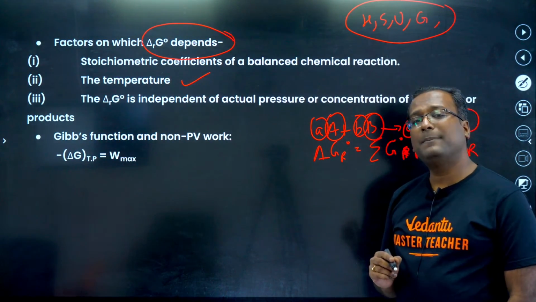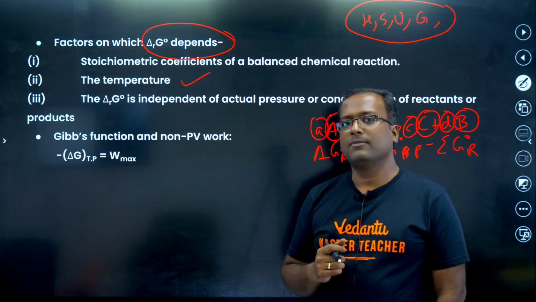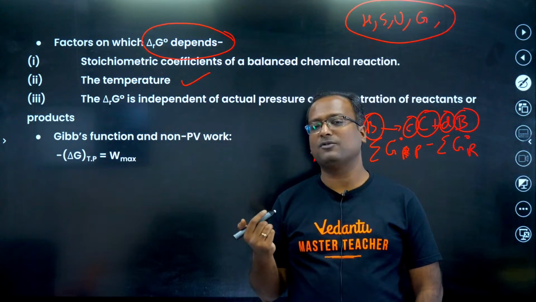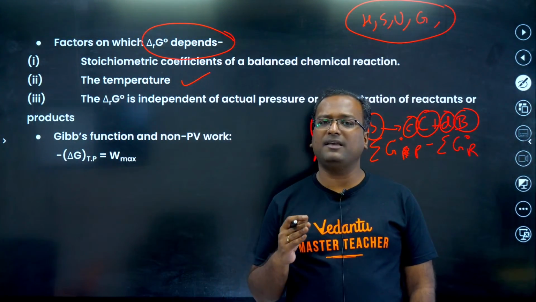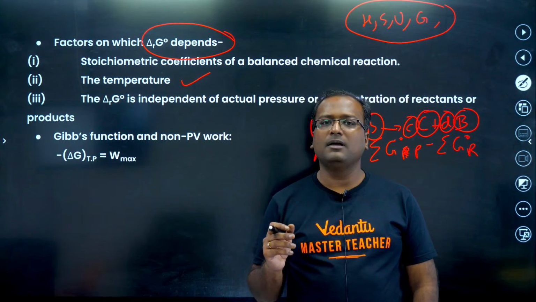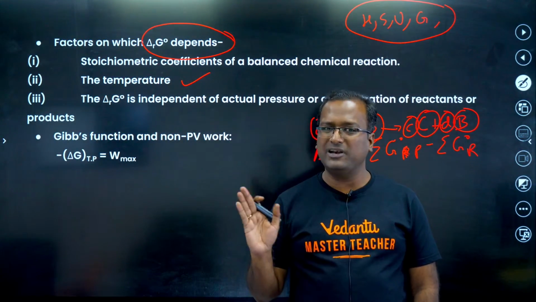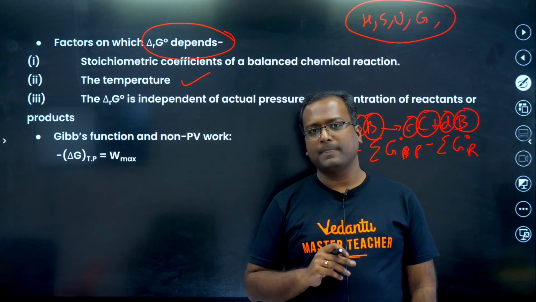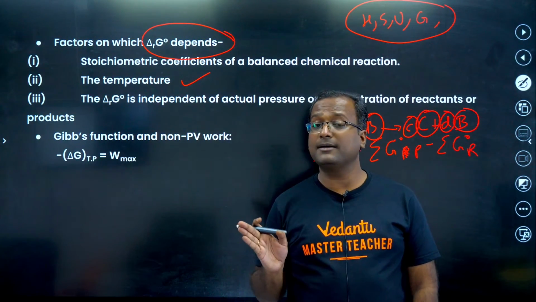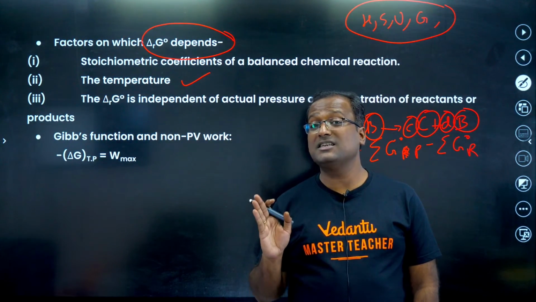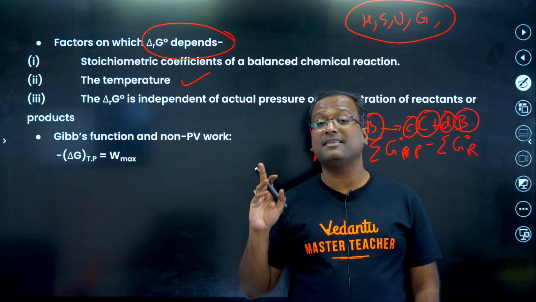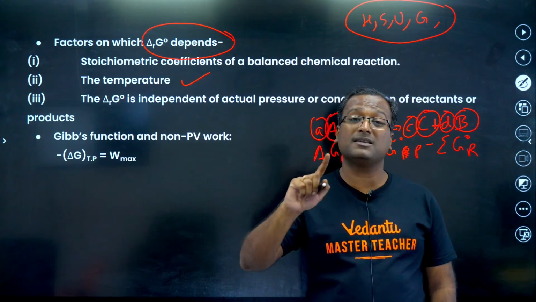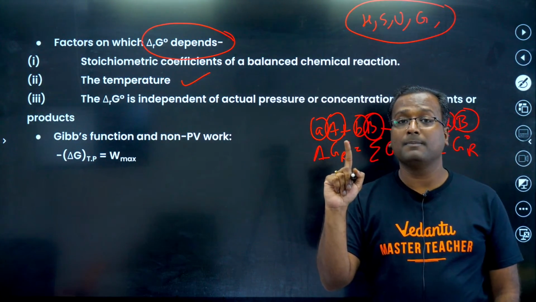Will del R G naught depend on pressure? Suppose there is a reaction, H2 plus O2 gives water. In one case, hydrogen is at 0.5 atm and in the other case, hydrogen is at 2 atm. Del R G naught will not matter. Del R G naught will be the same because it is calculated when the partial pressures are 1 atm.